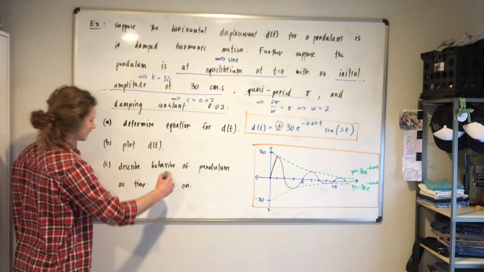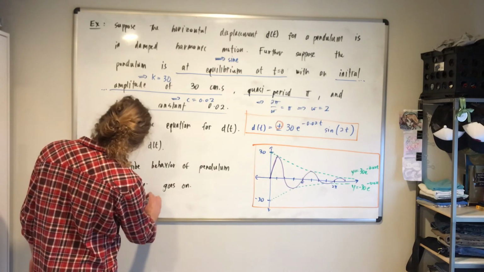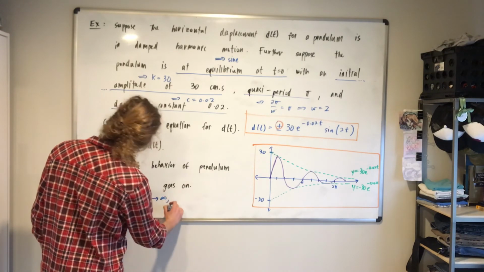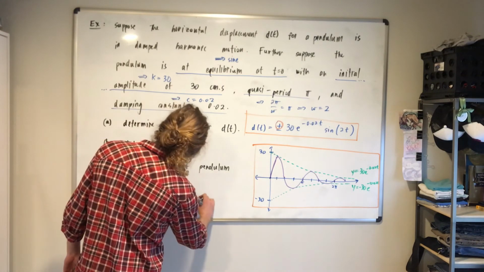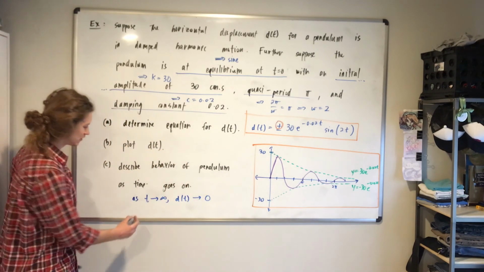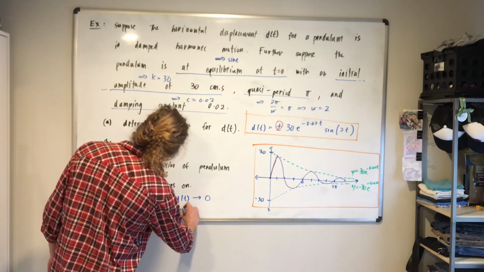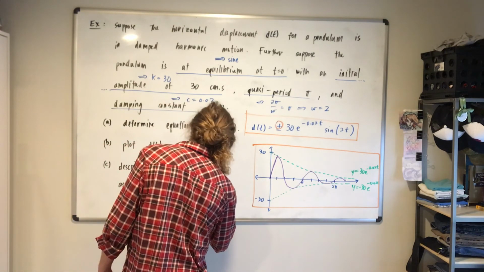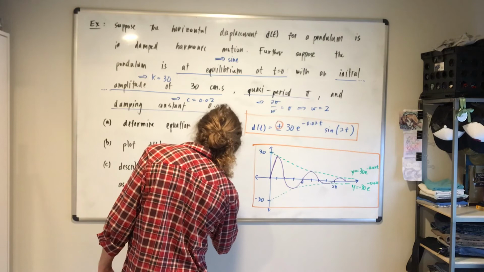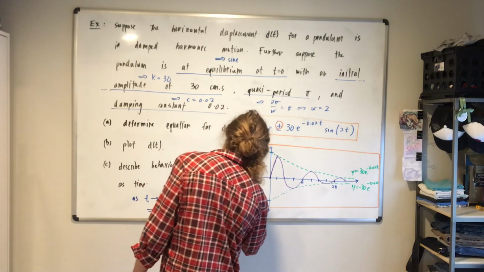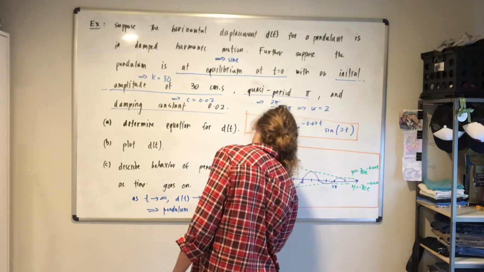And here it's clear to see from the graph of our function that as t approaches infinity, d of t approaches 0, or the pendulum approaches rest, and that's what we'll say here. Or the pendulum approaches equilibrium position. Or we'll just say approaches equilibrium.